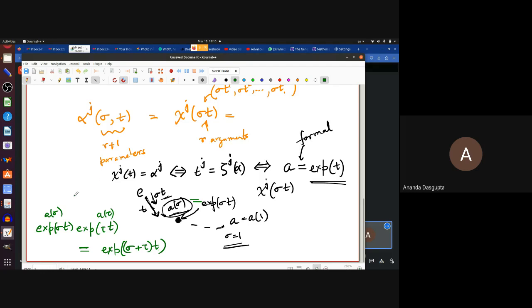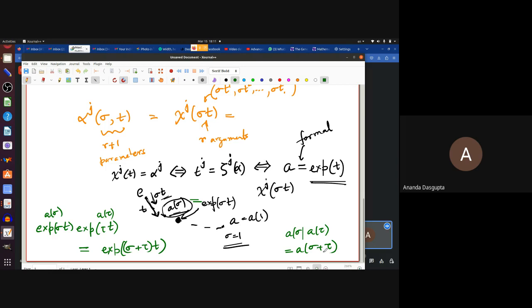What I was saying is that this particular aspect of the exponential function, exp of sigma t times exp of tau t, is exp of sigma plus tau times t. That works fine because this is nothing but A of sigma into A of tau is A of sigma plus tau.